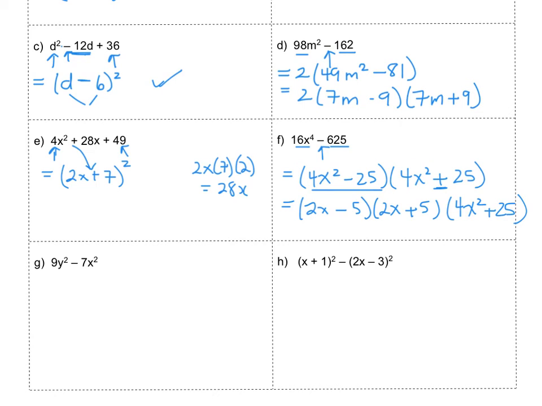Next example, I have a perfect square here. I have a subtract, but here's where I have a fault. I don't have a perfect square on the 7. 7's not something I can square root and get a nice answer. So this one, I'm not going to be able to factor, because this is not a perfect square. Okay, so it won't factor.